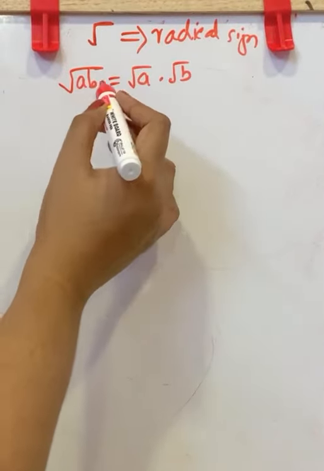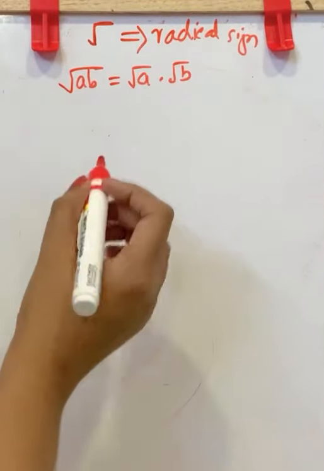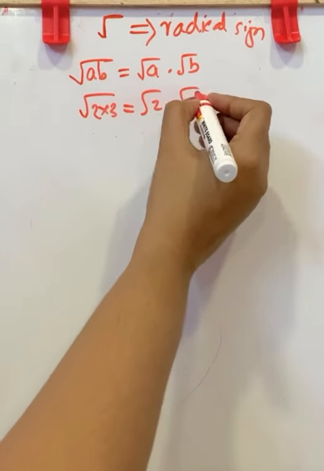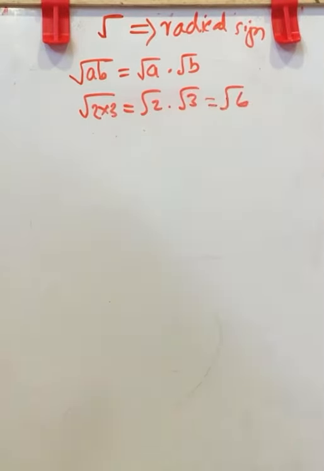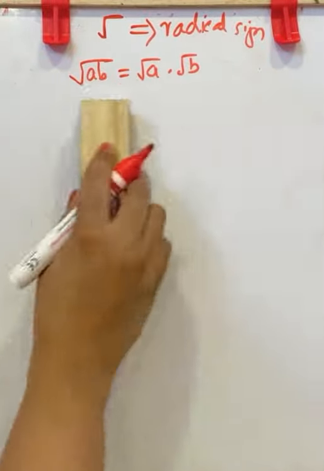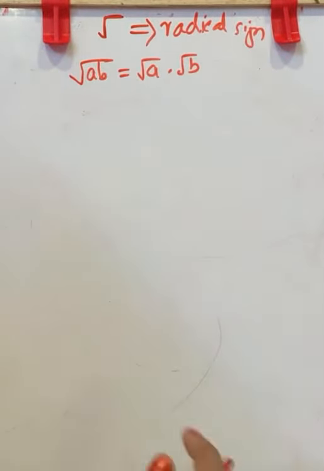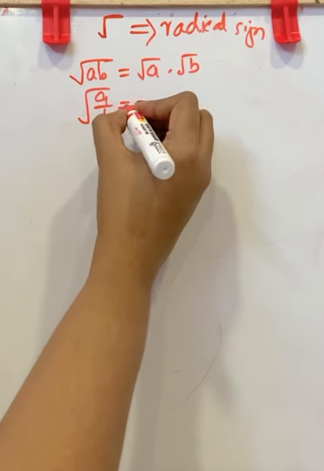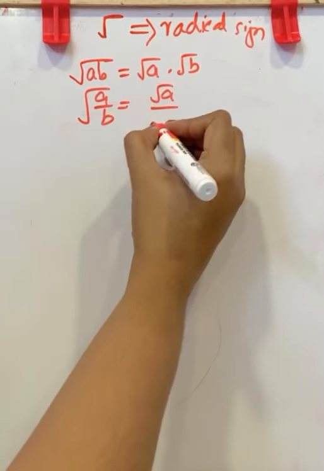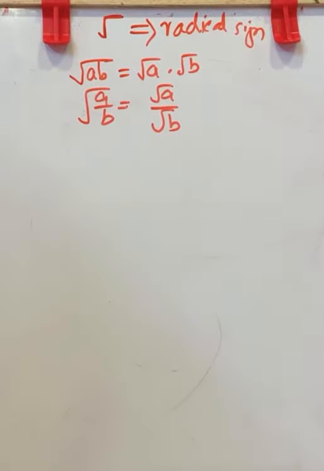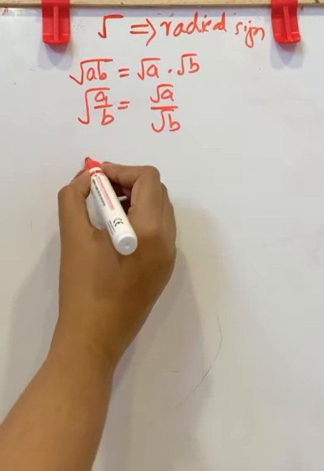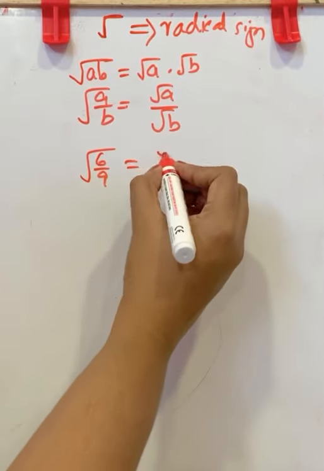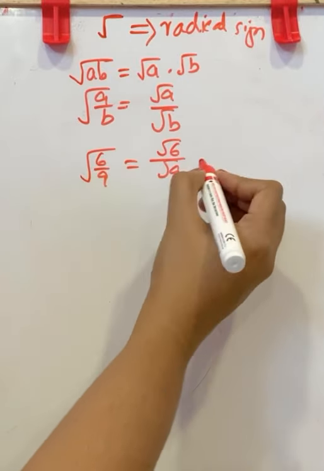So root of AB is equal to root A into root B. That is, root of 2 into 3 is equal to root 2 into root 3, which is equal to root 6. Okay, that we will do in the problems. Now the next one is root of A by B is equal to root A by root B. That is, if the question is root of 6 by 9, then it is equal to root 6 by root 9.